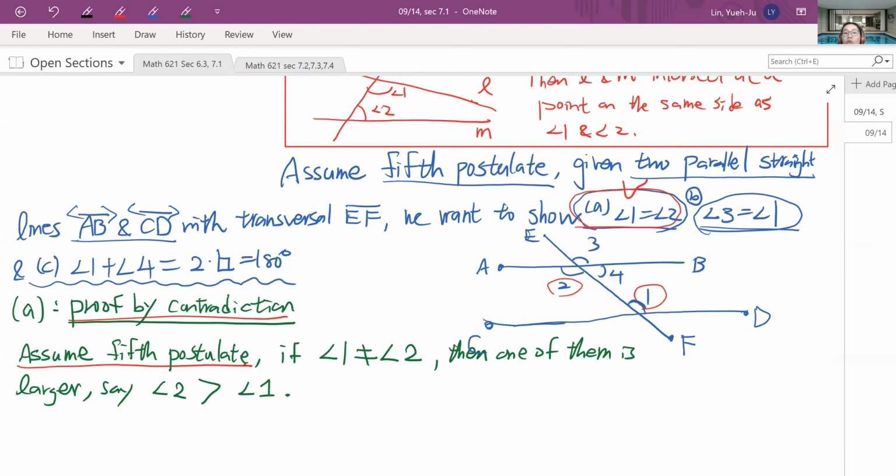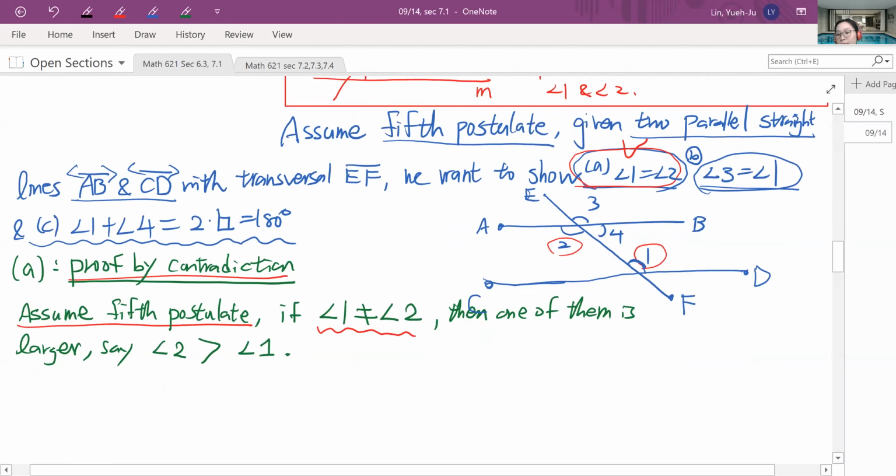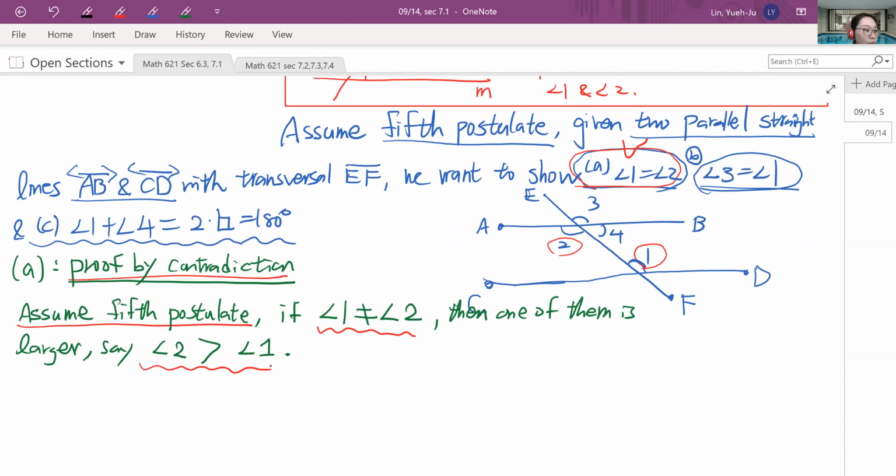But we assume the contradiction, we assume otherwise. What if angle 1 is not equal to angle 2? Then if it's not equal, one of them has to be larger. So without loss of generality, let's say angle 2 is bigger than angle 1, right?